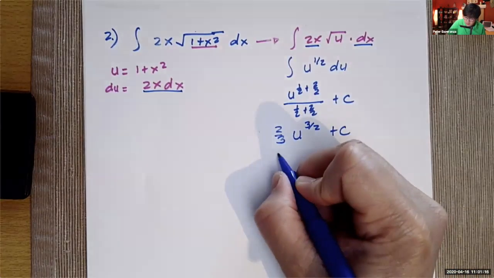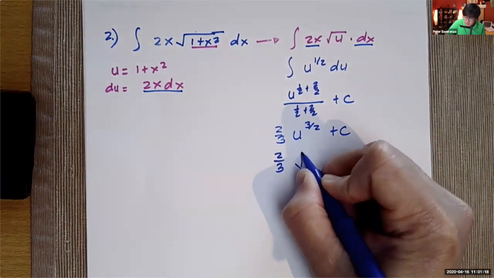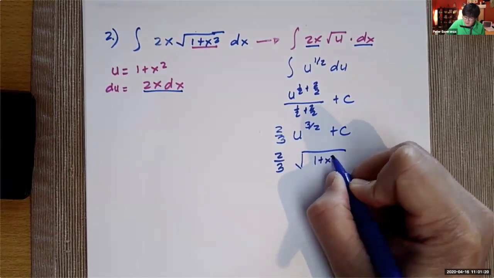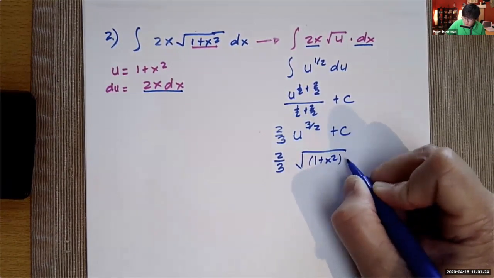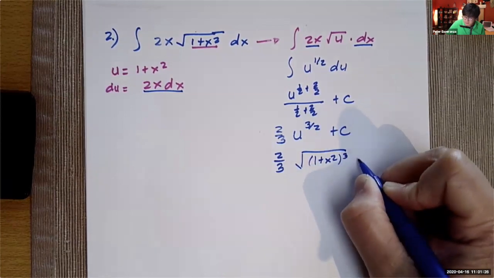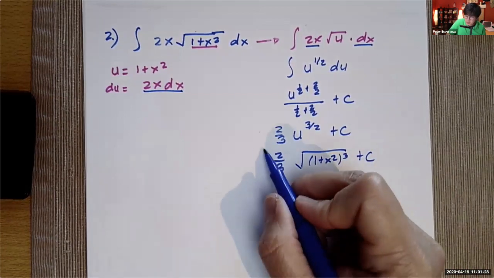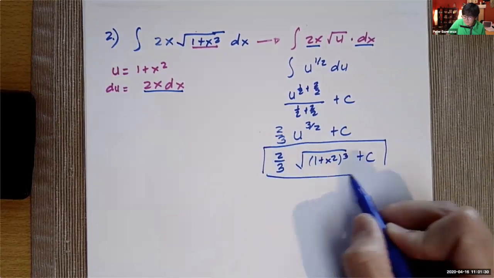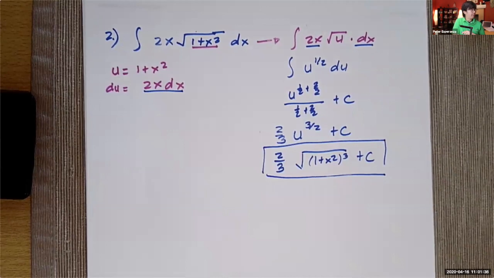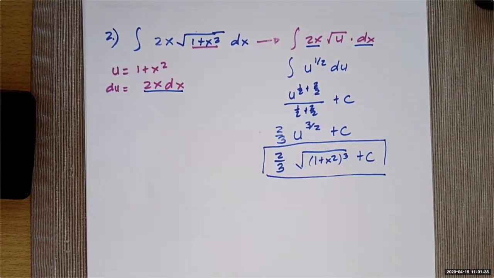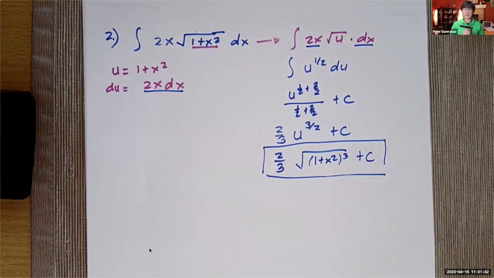So this is going to be 2 over 3 times the quantity 1 plus x squared raised to the 3 over 2, right? Did I do my conversion correctly? Yes. All right. I got that same answer. Cool. Why didn't you say that? I was waiting for you to do this to show everybody else.